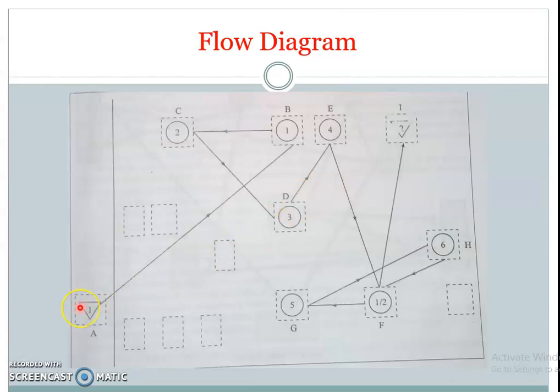If we look at this chart, this is the storage symbol, this is the first one, so the number is given first. Then this is the operation, so the number is given next. If there is an operation, that means an activity is to be carried out on the product.